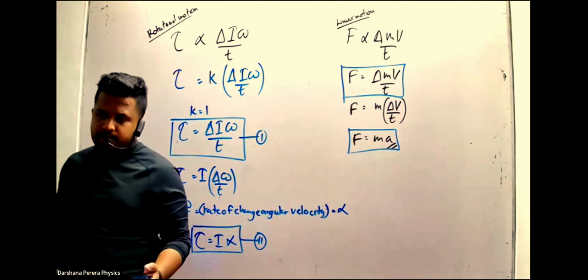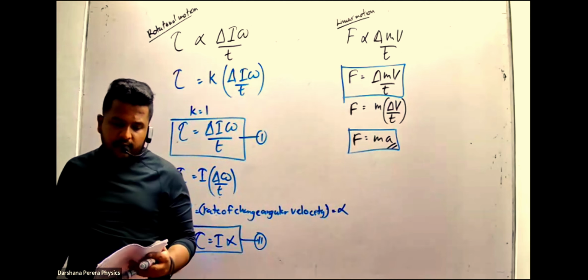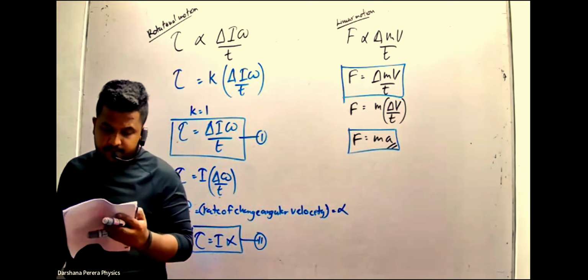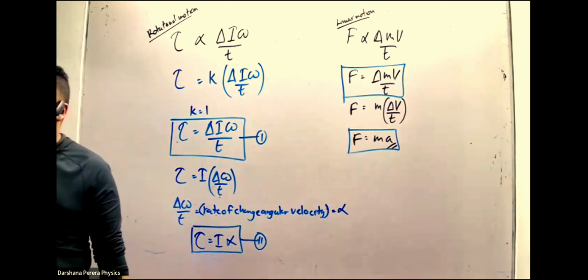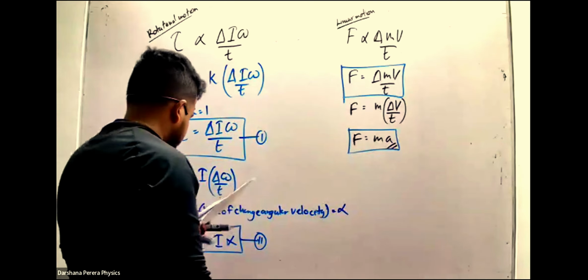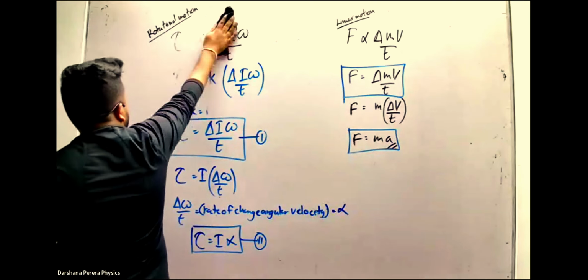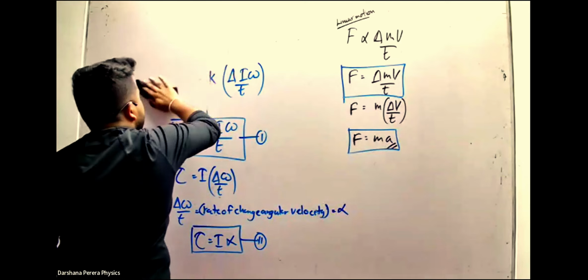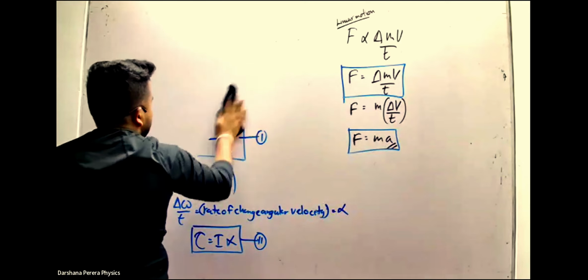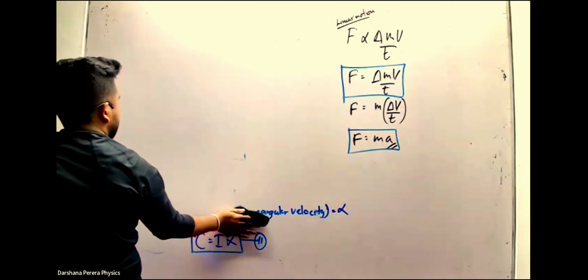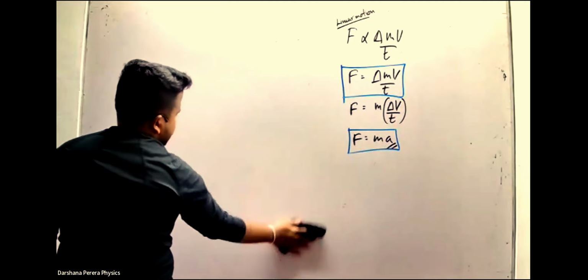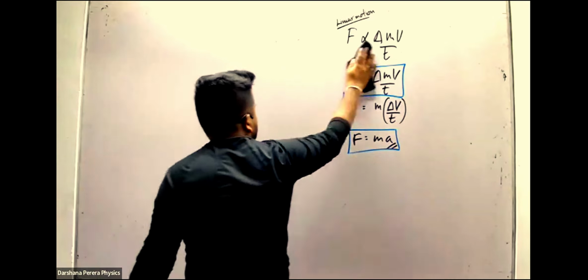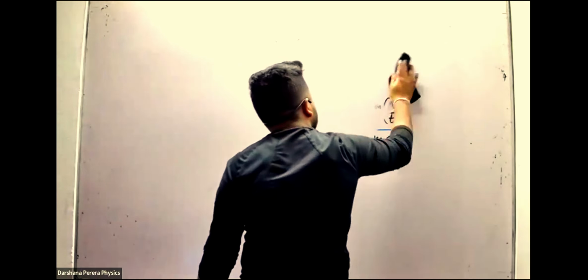Write down the special point: torque equals I alpha is considered in one rotational direction, in brackets, clockwise or anti-clockwise.